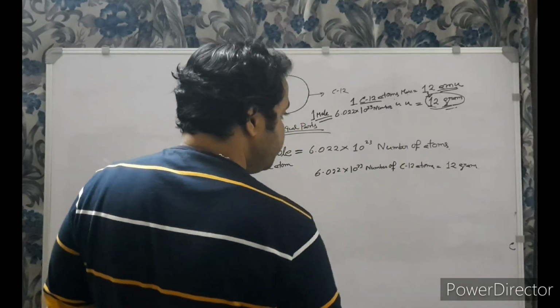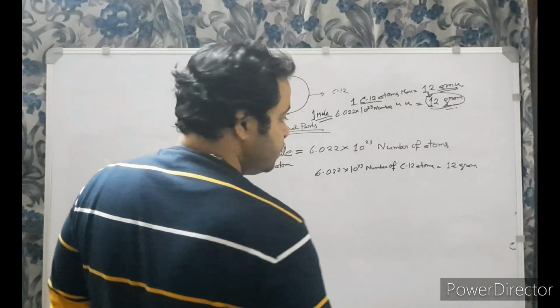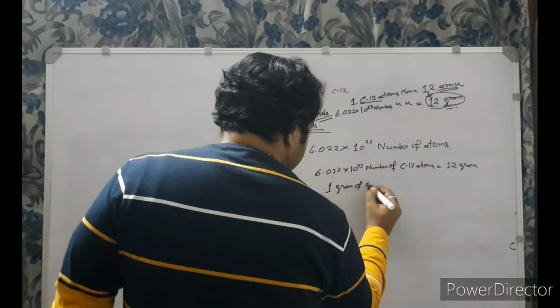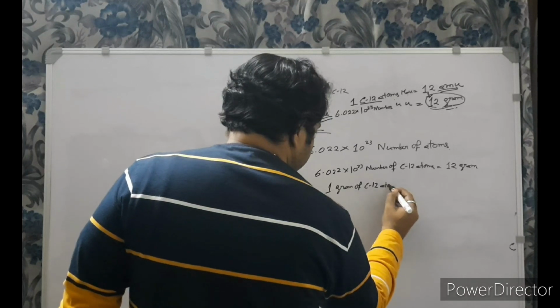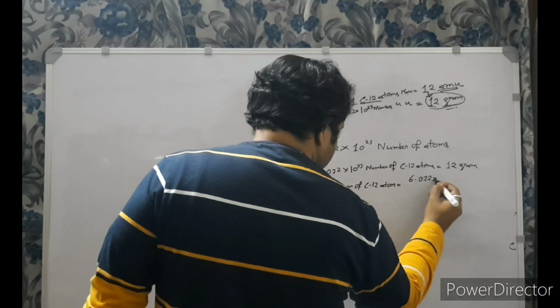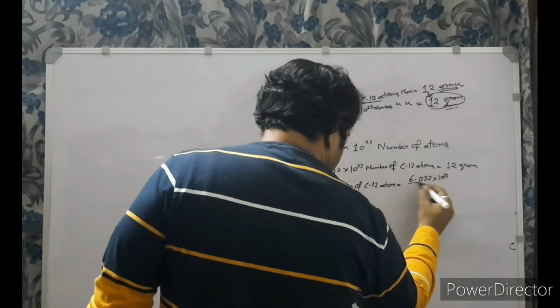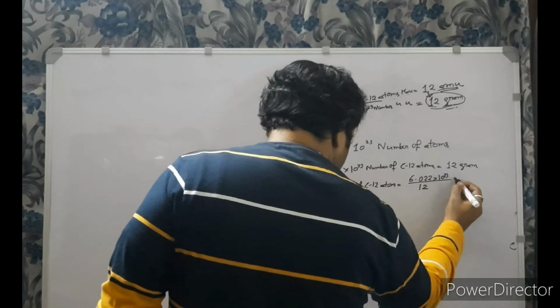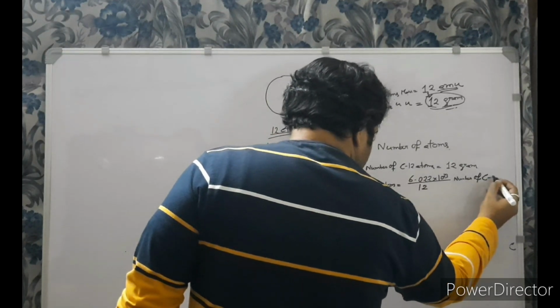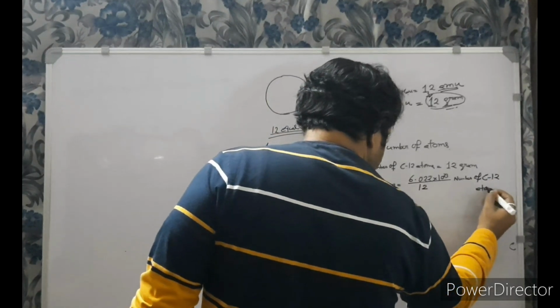So 1 gram of C12 atom would be how much? 1 gram of C12 atom would be 6.022 into 10 to the power 23 by 12 number of carbon 12 atoms.